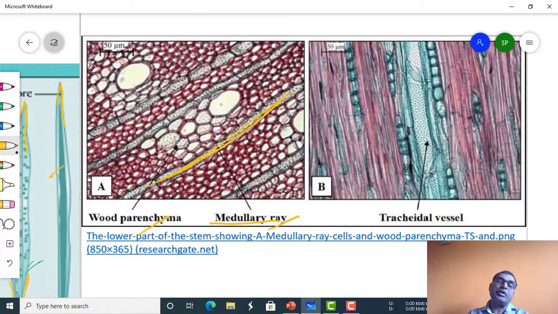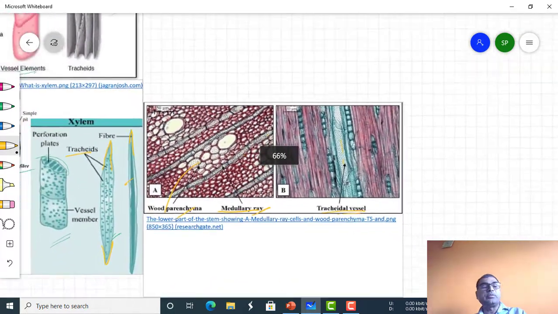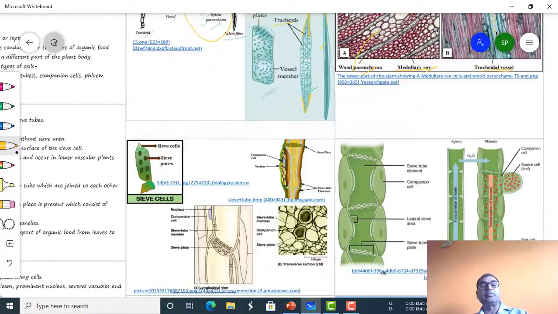These are the parenchymatous cells which are helpful in radial translocation of minerals or other material, while this one is generally considered as wood parenchyma which is present within the xylem. These are the tracheidal vessel, and this one is an element of a tracheid. So these are some figures representing the xylem elements.